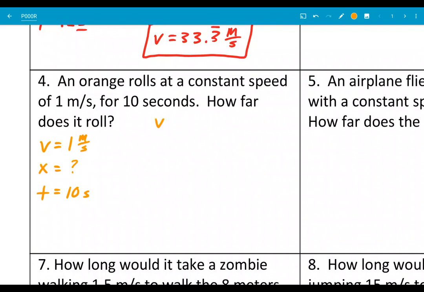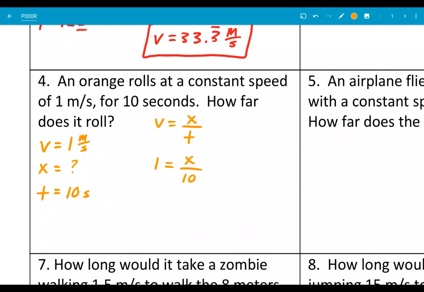Next step, always, always, always write down the formula. V equals x over t. Then we make our substitution. V is 1 meter per second, so we'll write that down, 1. That equals x divided by t, which is 10 for time.